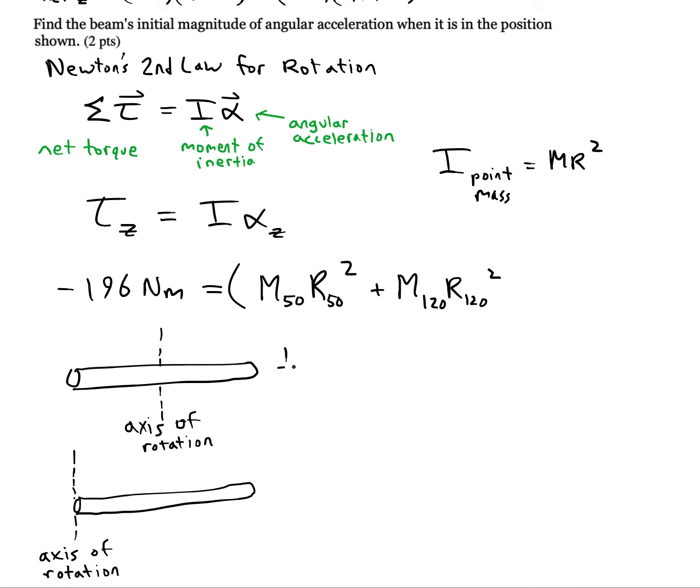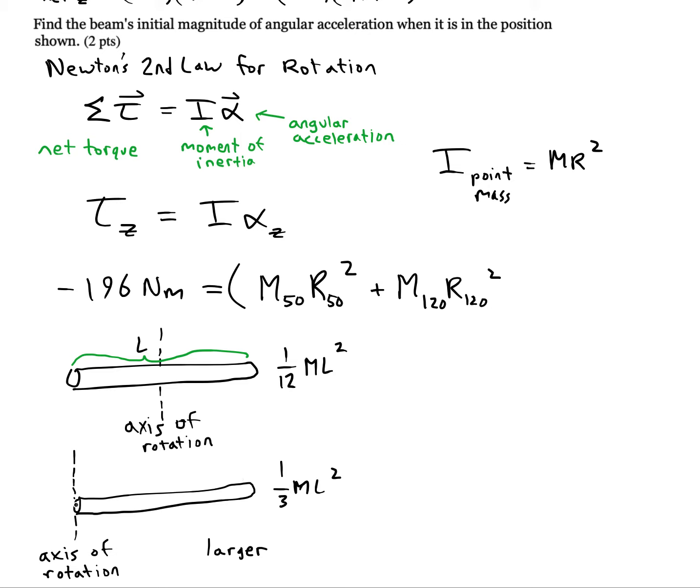Alright, so here we have 1/12 mL squared, where L is the length of the beam. Here we'd have 1/3 mL squared. So the moment of inertia is larger in this case because more of the mass is concentrated away from the axis of rotation.